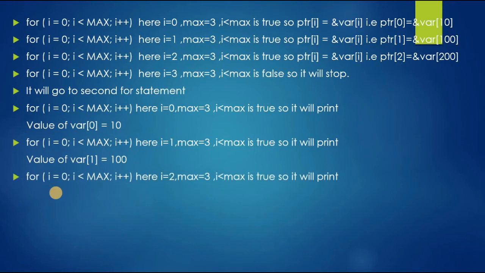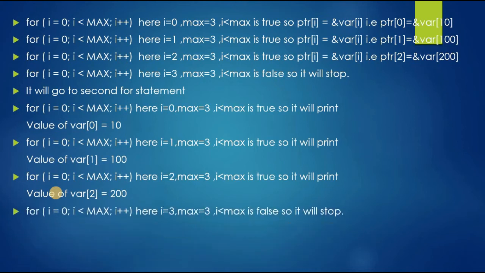Then i is incremented, i is equal to 2 now, and the condition is true, so it will print the value at the second position. Like this it prints the values according to the position address. Now i is incremented, i is equal to 3 now, so the condition is false and it will stop the execution here.